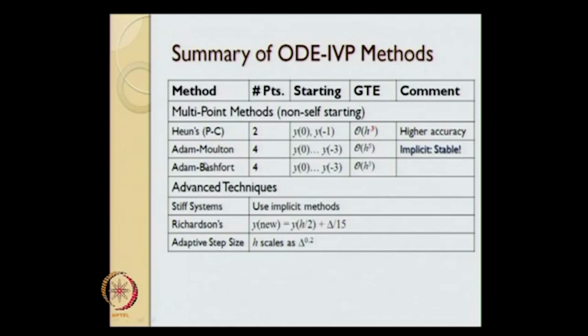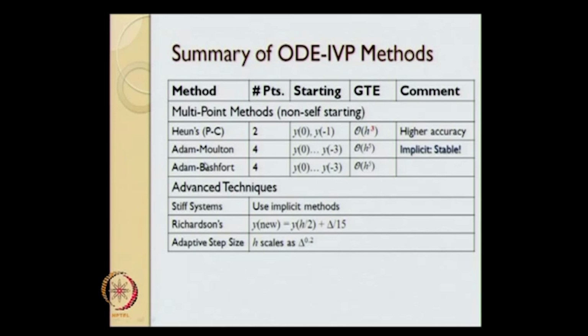Backward difference methods are much simpler to use than any of the other implicit methods that we have talked about, except of course the implicit Euler's method. Backward difference methods are also popular in what are known as differential algebraic equations. This is just for information, and if you do not understand the previous statement you can of course ignore it. And then finally we have also covered the advanced techniques.